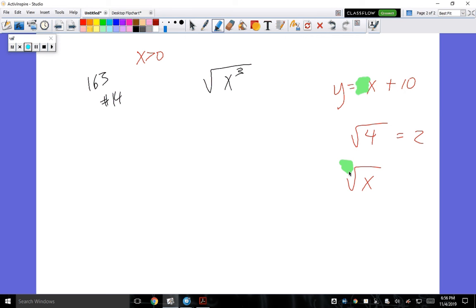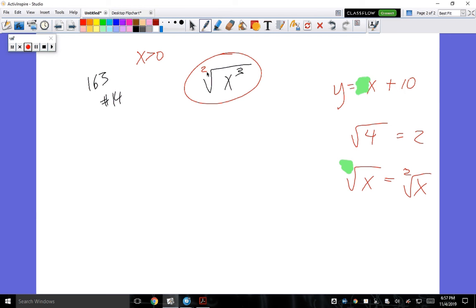Not 1. A 2. So when I square root something, there's an understood 2, even though it's not written. But a lot of us like to think there's an understood 1, but it's a 2. So when I'm looking at this, you need to realize that there's a 2 there.